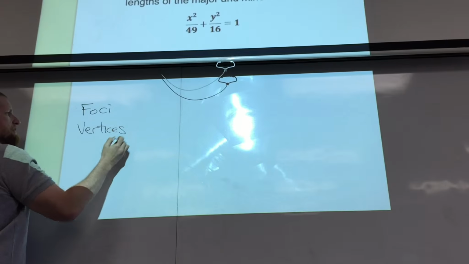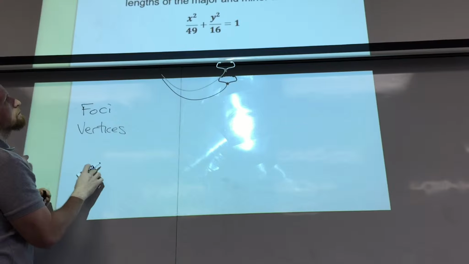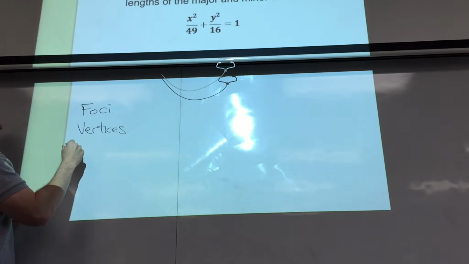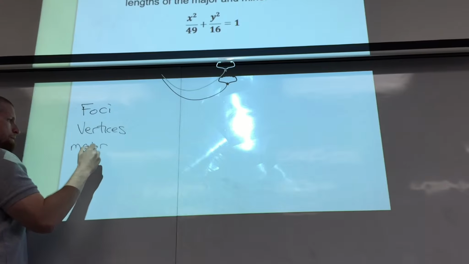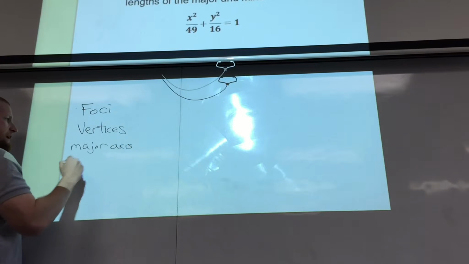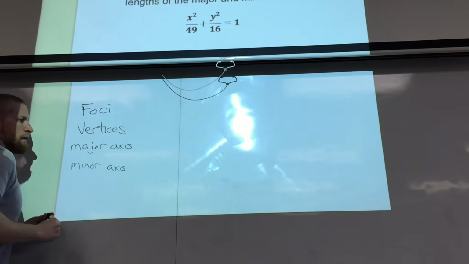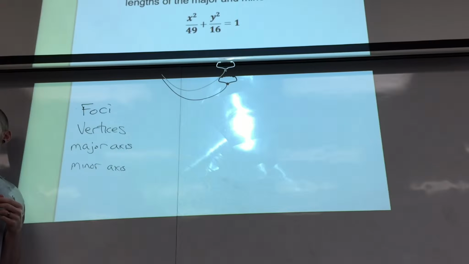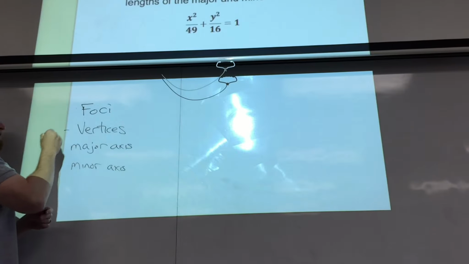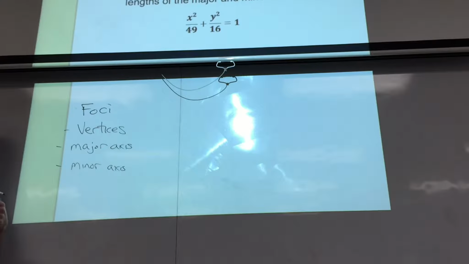It's my vertices. And then major axis length and minor axis length. The things that are probably easiest to pull out with an ellipse are going to be these three right here. Okay?